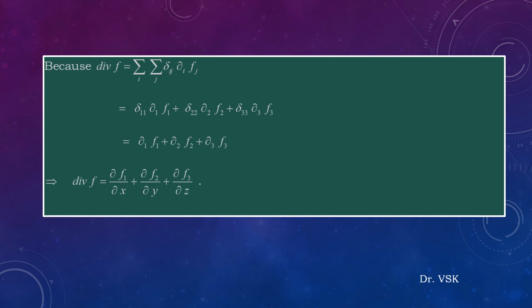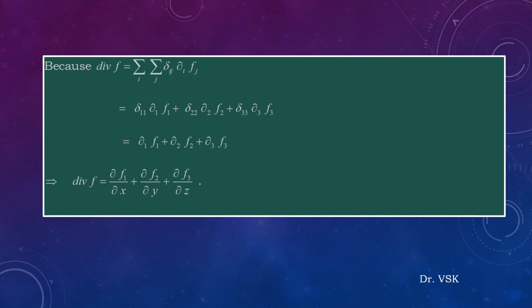If we plug in the values of delta 1 1, delta 2 2, delta 3 3 here, what do we get? Div f equals dou 1 f1 plus dou 2 f2 plus dou 3 f3, because delta 1 1 equals delta 2 2 equals delta 3 3 equals 1.